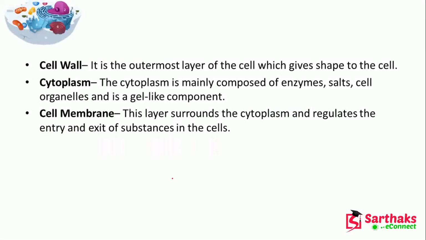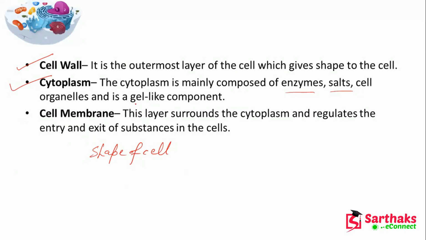Now the cell wall. The cell wall is the outermost layer of the cell, which gives the shape of the cell. Then the cytoplasm. We already know that it is mainly composed of enzymes, salts and cell organelles.